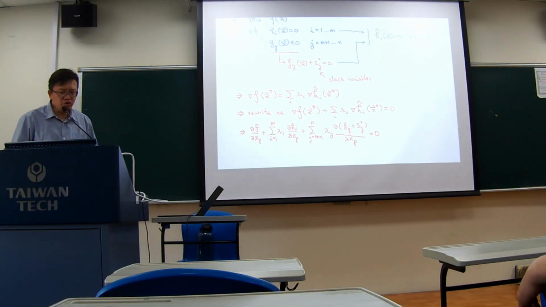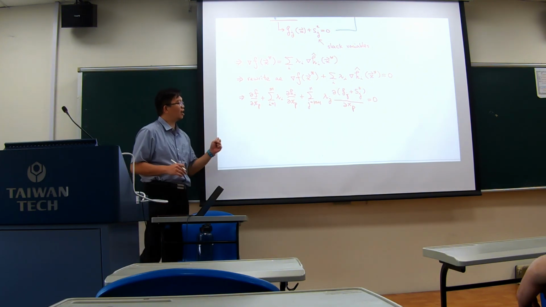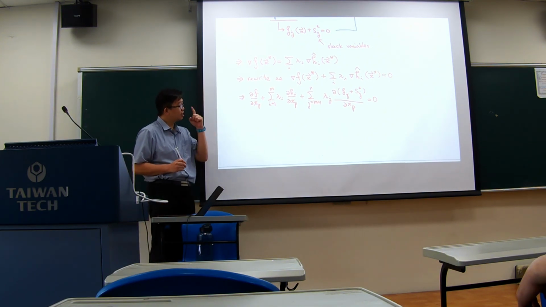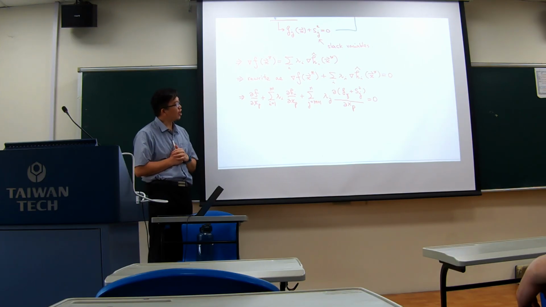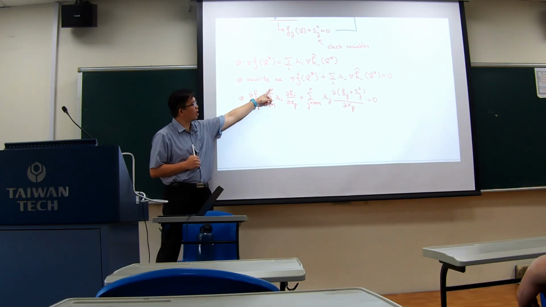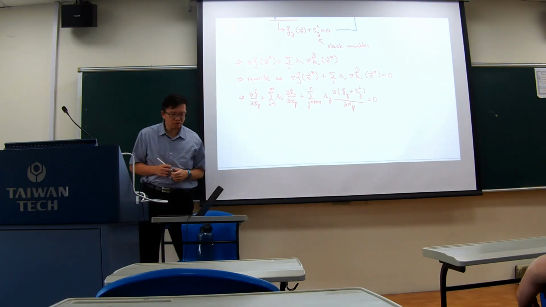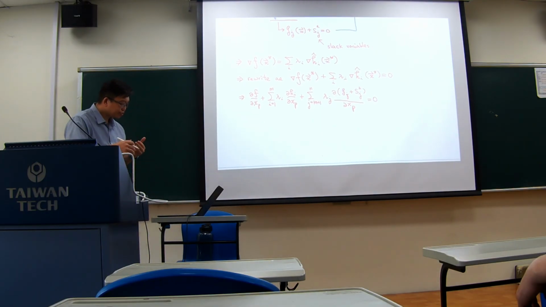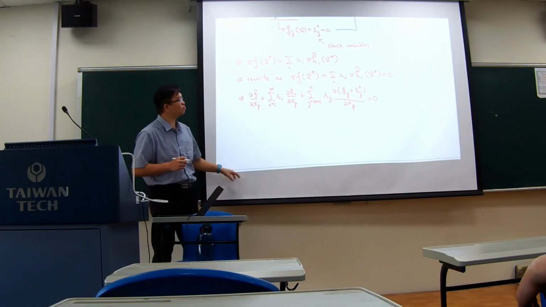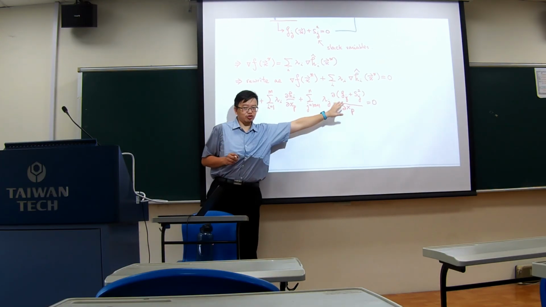So usually we would like to change the, this is lambda i from 1 to n, and this is lambda j from n plus 1 to n. So usually we would like to use different symbols to represent the Lagrangian multiplier for h and the Lagrangian multiplier for g.